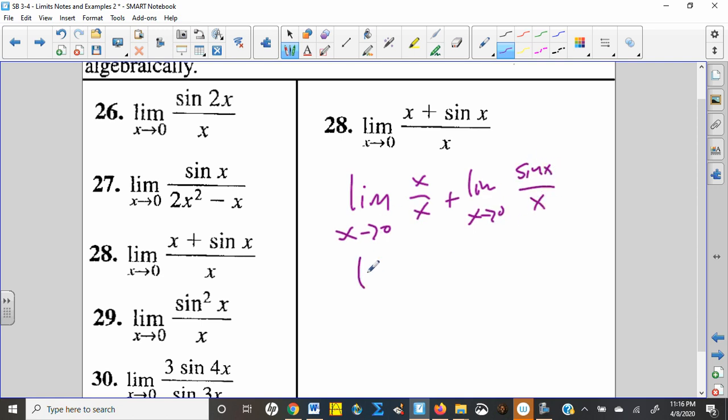So, x over x is just 1. This, by definition, by substitution, right? It's our identity, is 1. The limit of 1 is 1. 1 plus 1 is 2. Keep that limit until you evaluate. Just don't skip steps. That's the big thing.